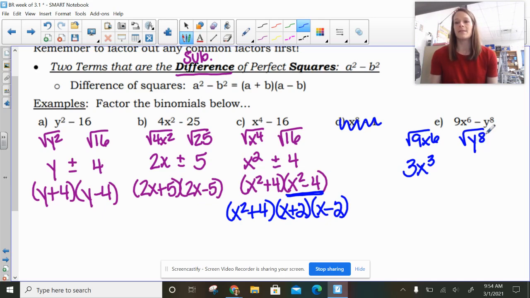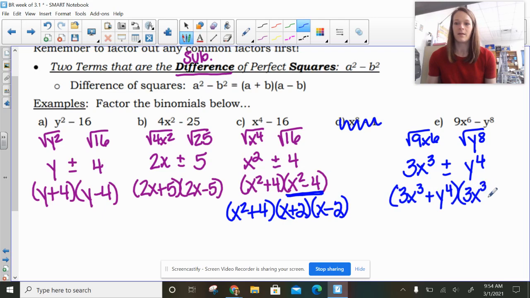For the square root of y to the 8th, I take half of the 8, and I get y to the 4th. And it will be a plus and a minus. So 3x to the third plus y to the fourth, 3x to the third minus y to the fourth. And so that is your difference of squares.